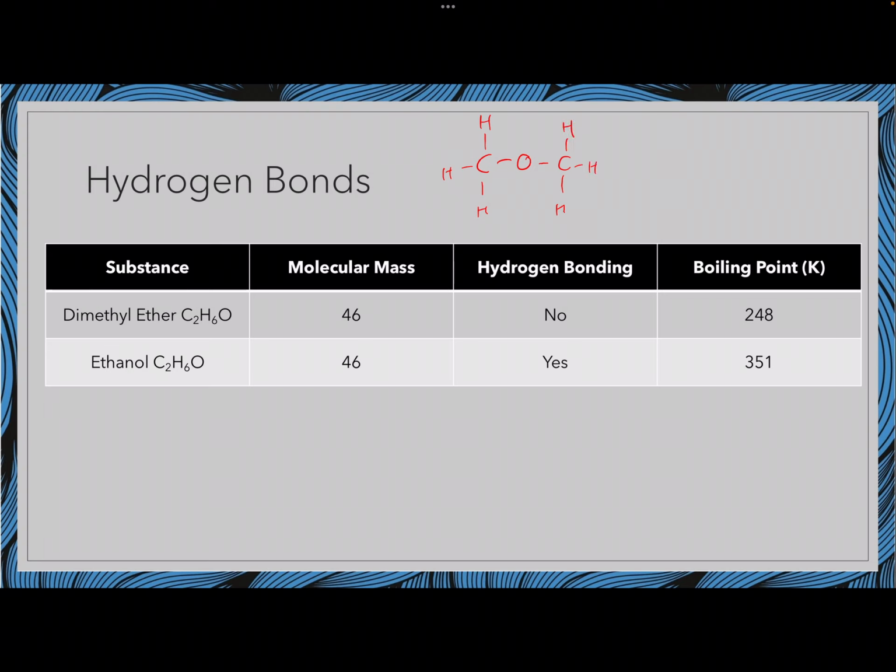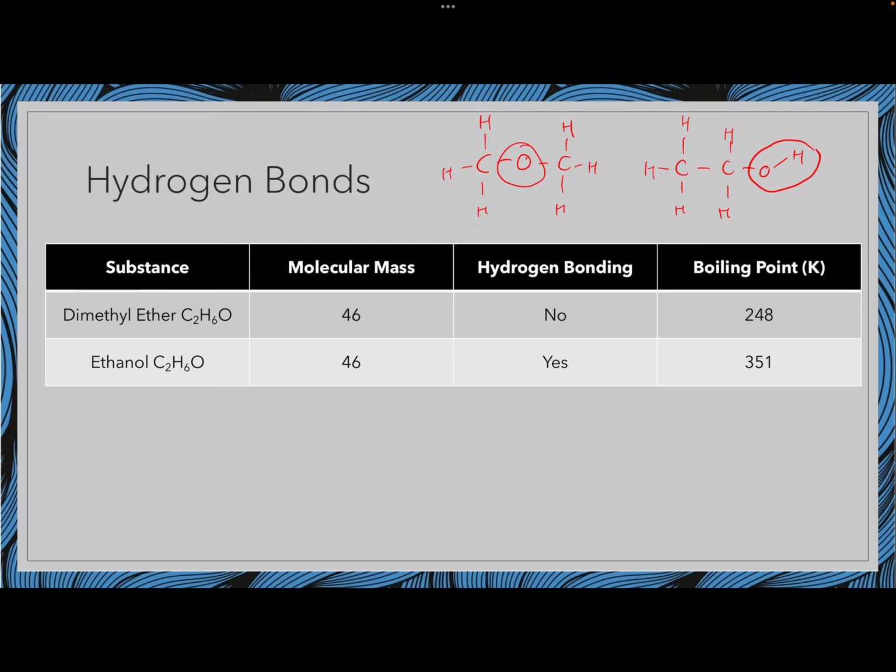So we see that oxygen's central, there's no hydrogens attached to it. With ethanol, on the other hand, some of those atoms swap around and it gives us this kind of molecule. So we actually have an oxygen-hydrogen bond, which is what's required for hydrogen bonding.